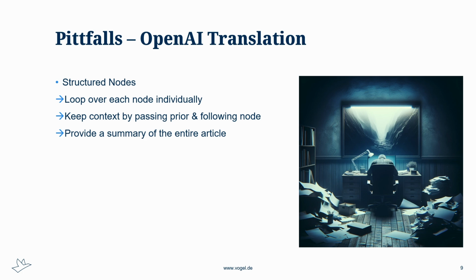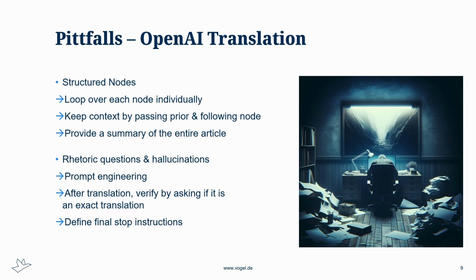And what we basically do is, with each request for translation, we also ship the prior node and the following node with it, in addition to a summary of the entire article. And that provides very good results. And that's basically how we solved how to handle structured node translations.